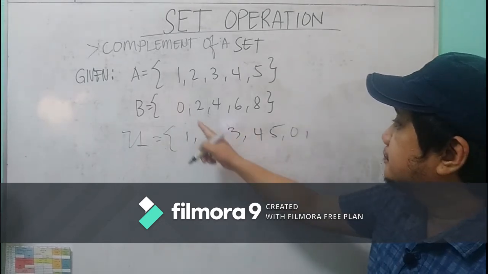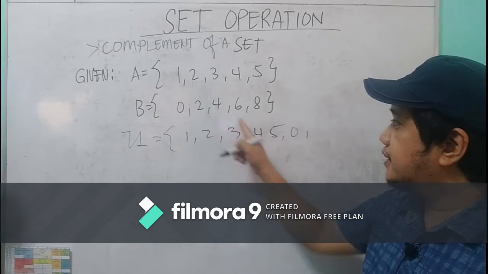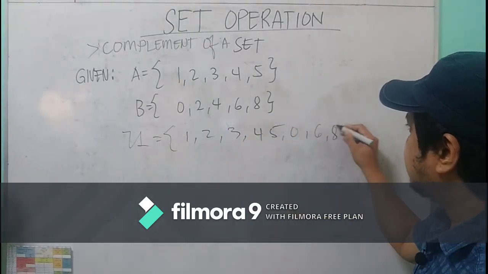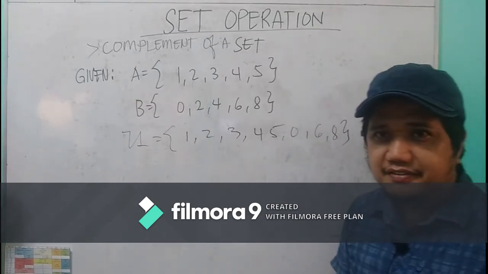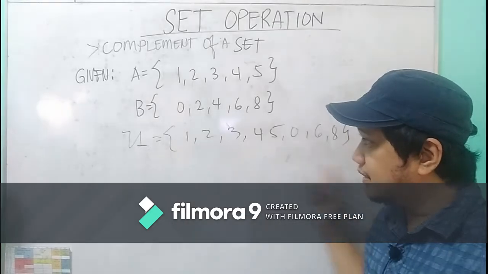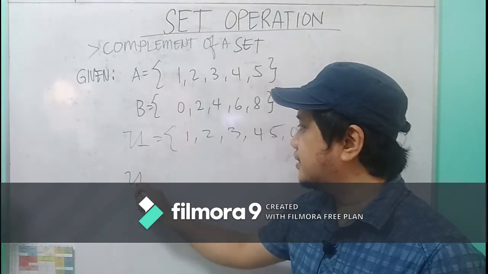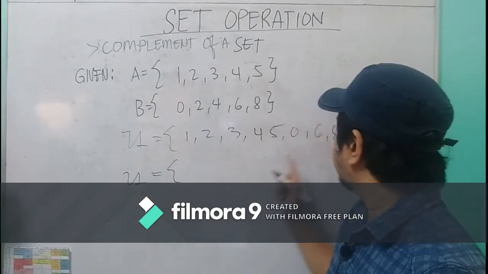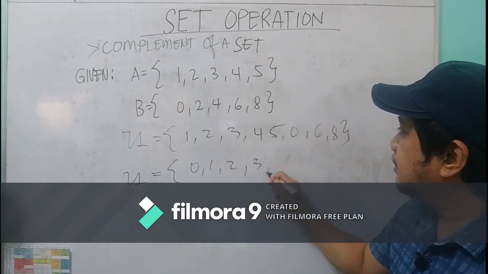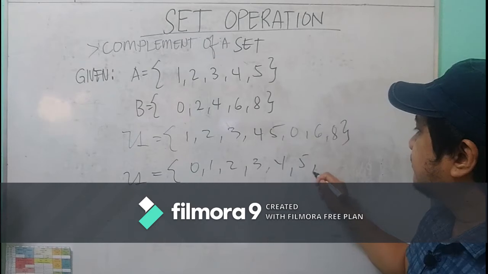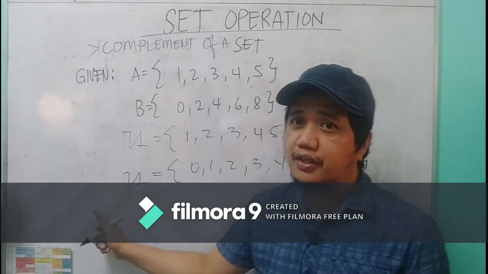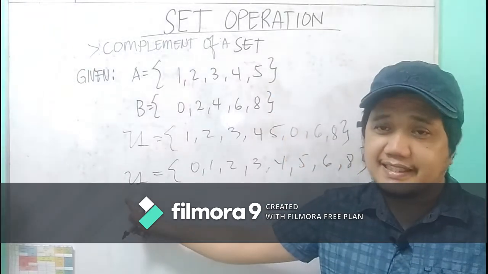Since 2 is already here and 4 is already here, we are just going to write 6 and 8. Followed? If you want to rewrite it in an unordered way, you can just write U is equal to 0, 1, 2, 3, 4, 5, 6, and 8. These are the elements of the universal set.